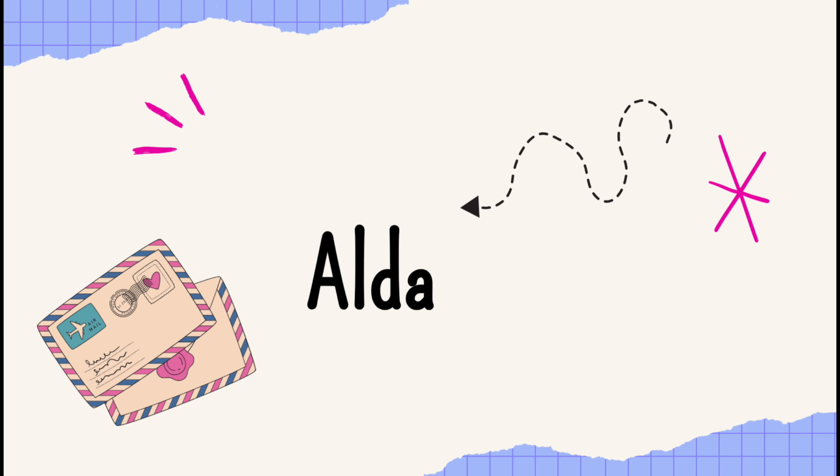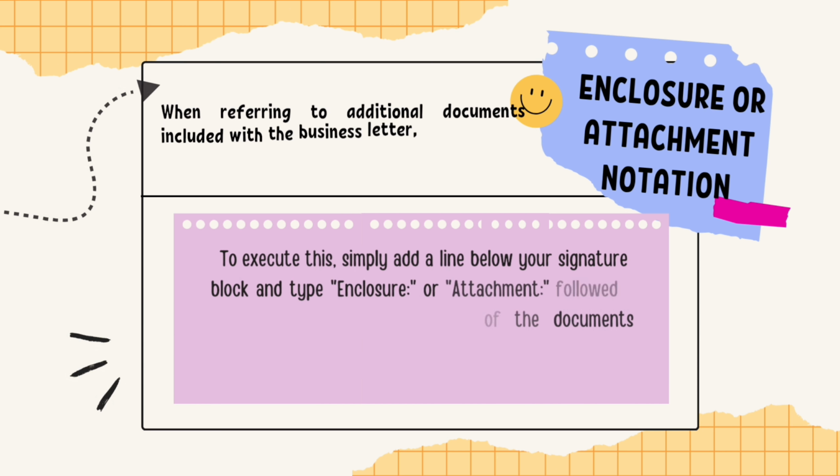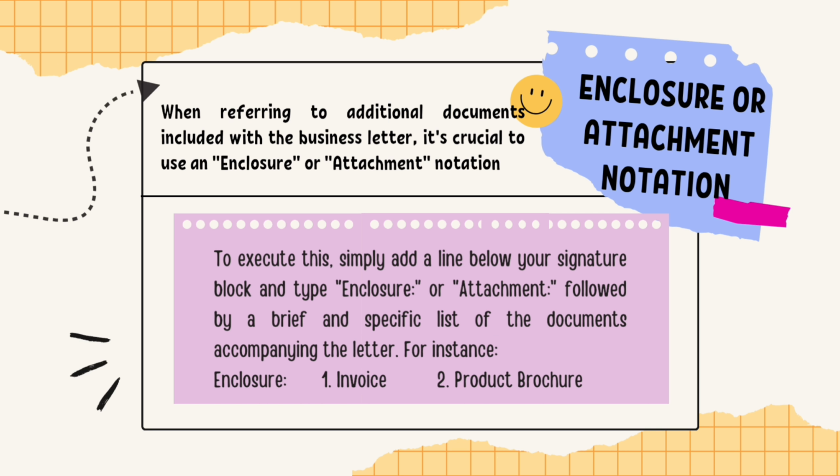9. Enclosure or attachment notation. When referring to additional documents included with the business letter, it's crucial to use an enclosure or attachment notation. This ensures clarity and alerts the recipient to expect supplementary materials.